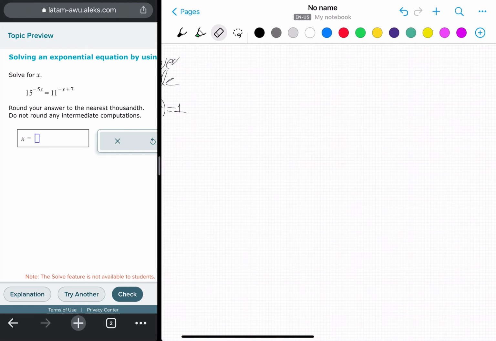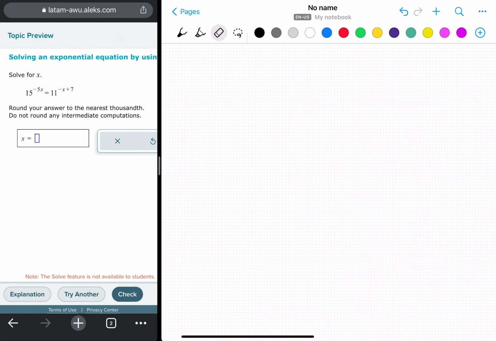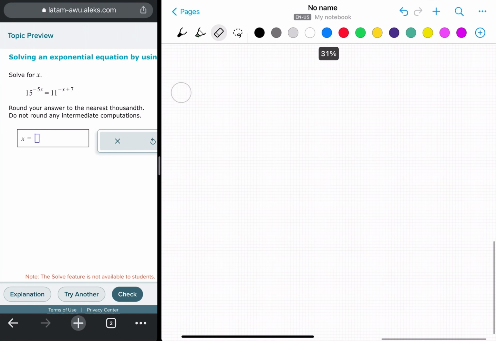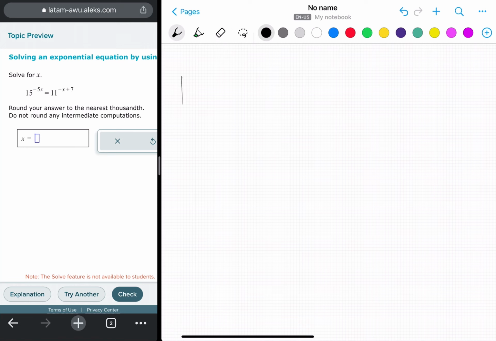But we have here an exponential equation like 15 to the minus 5x equals 11 to the minus x plus 7.